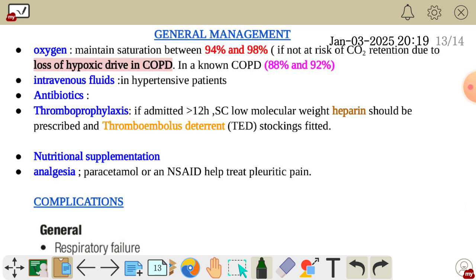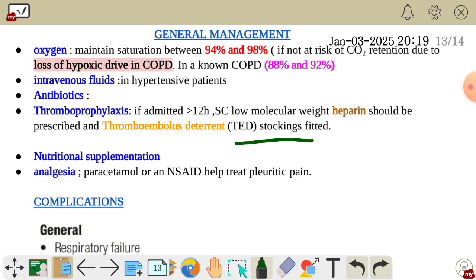Then if admitted for greater than 24 hours, we can also do thromboprophylaxis to avoid the formation of a thrombus. We give subcutaneous low molecular weight heparin, and we also use thromboembolus deterrent stockings.